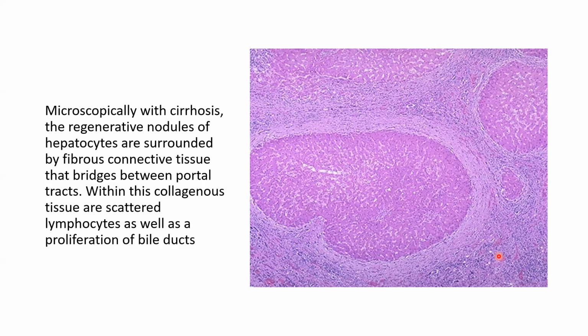But on histology under the microscope, it is difficult to differentiate between the causes of cirrhosis once cirrhosis is established. Once cirrhosis is well formed, under the microscope I can't tell what the etiology is, what the causative agent or causative pathology is.